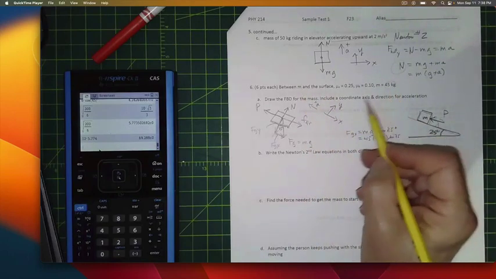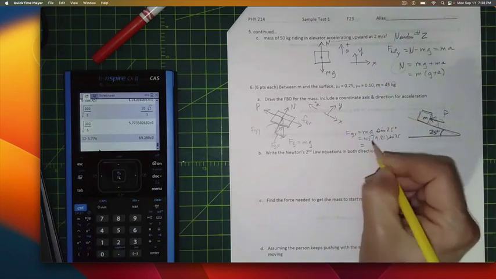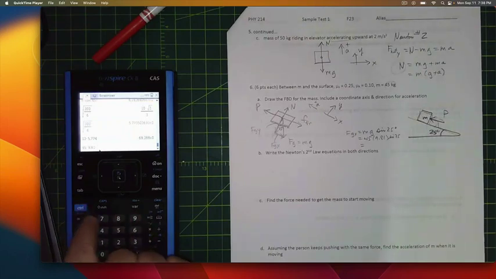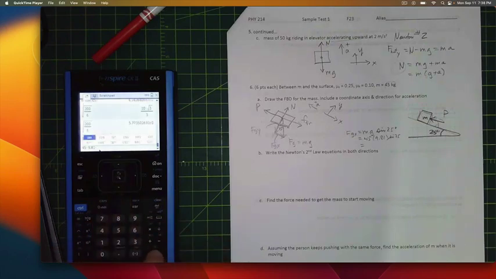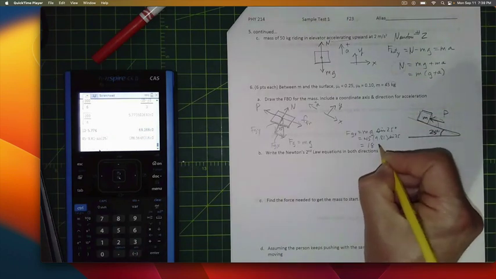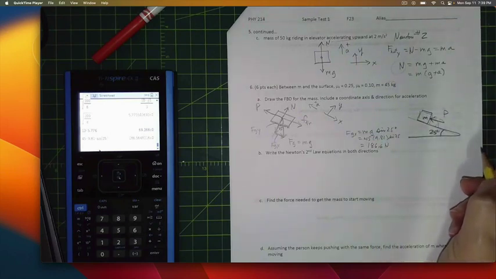We've got kilograms, g is in meters per second squared, so we know this is going to come out to be newtons. So 45 times 9.81 times sine of 25, so we get 186.6 newtons.